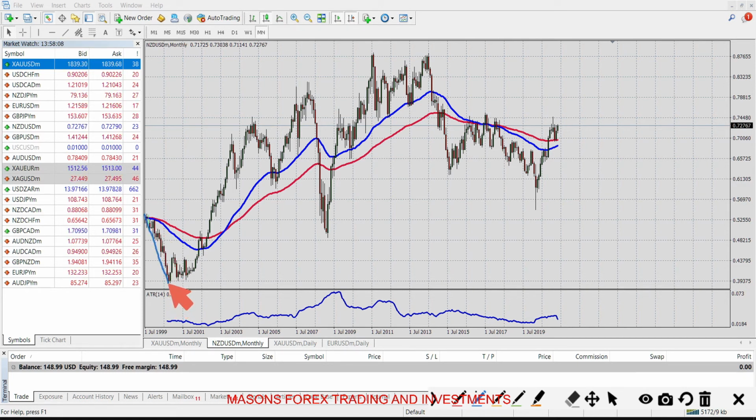This happened in or around the 1st of July 1999. We push up, we pull back, then we push all the way up, we retrace, we push back up, we retrace, push all the way up, and then we have a much bigger retracement, and we push up.